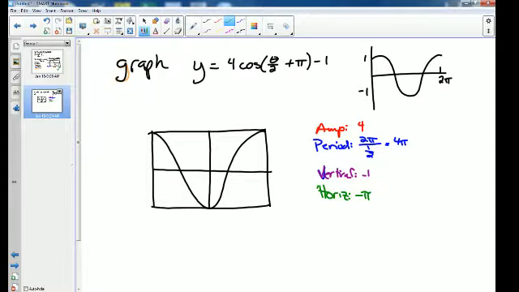Any other factors we need to account for here? No, I think we did.